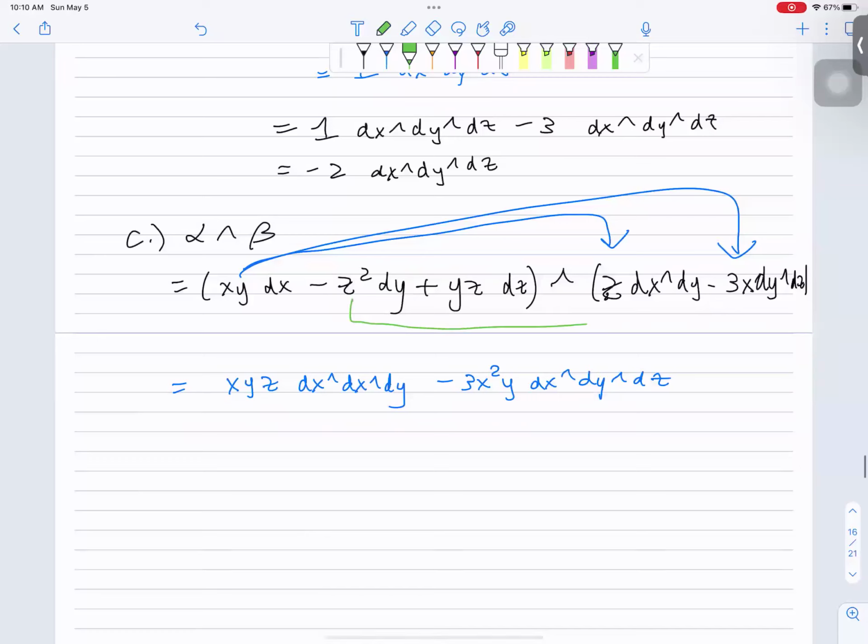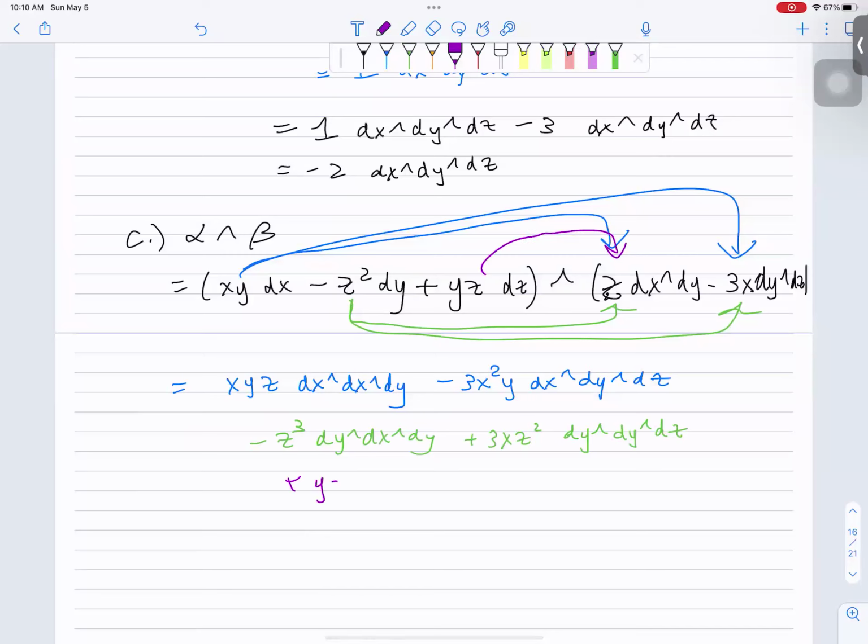Then I have this middle term times this, so I get negative z cubed dy wedge dx wedge dy. And then this term, y plus 3xz squared dy wedge dy wedge dz. And then I have this term, which is yz squared dz dx dy. And this term, which is 3xyz dz dy dz.